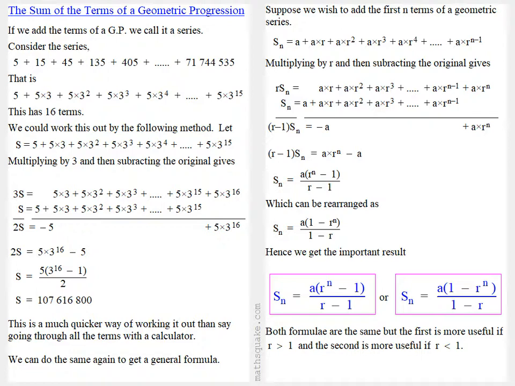It's worth noting that the formula doesn't mean anything if r equals 1, because you'll have 0 on the top and 0 on the bottom. However, if r equals 1, then all the terms in the series are equal, and so the sum of the n terms will simply be n times a, the number of terms times the first term.